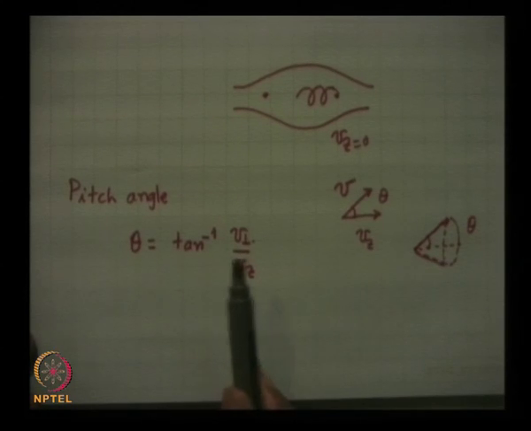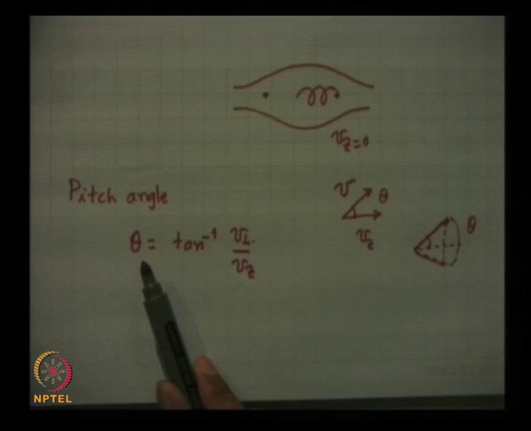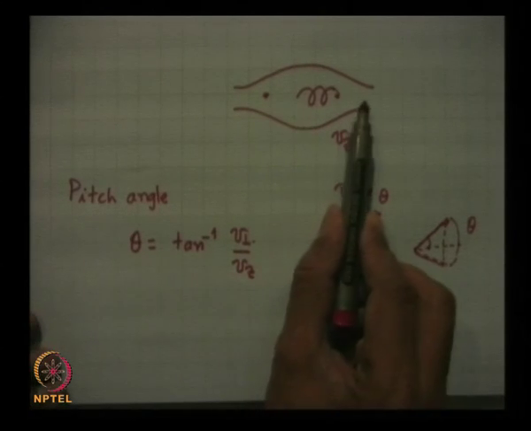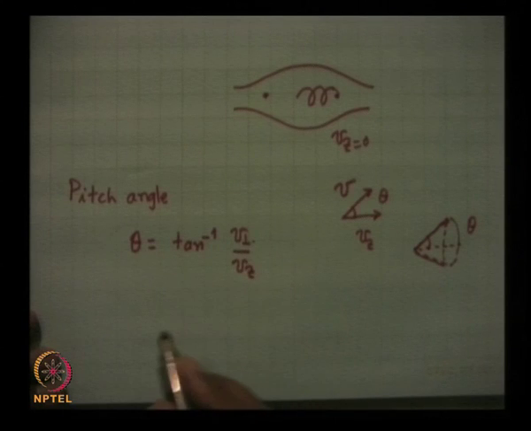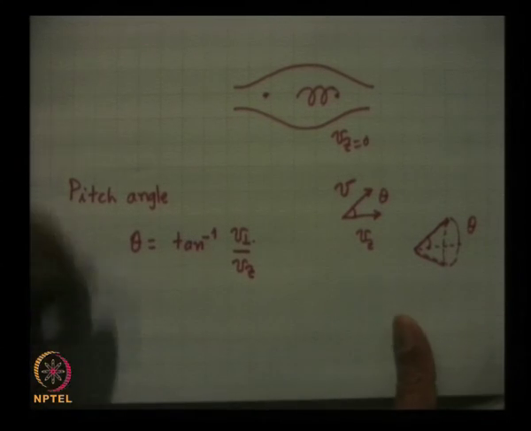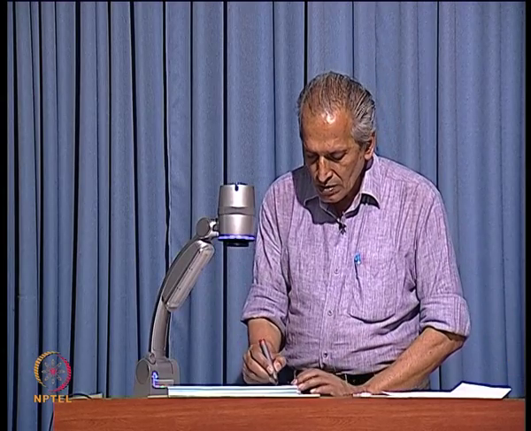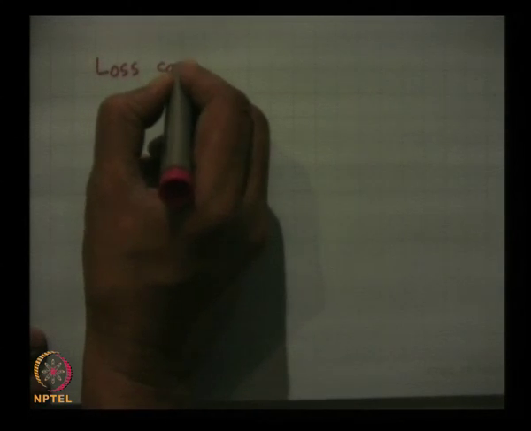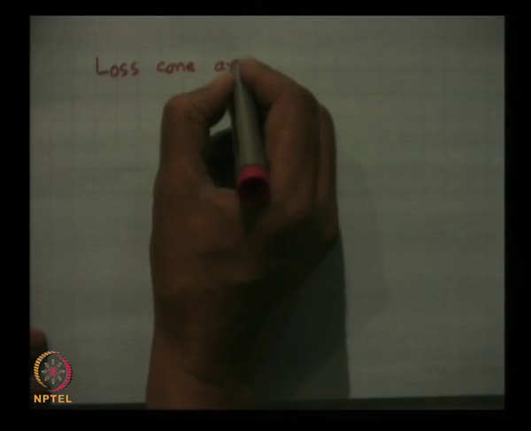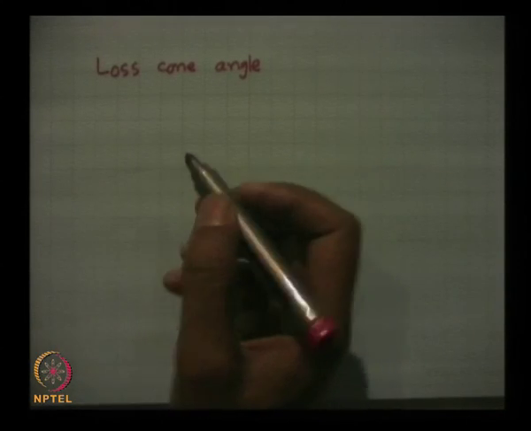So, what is that critical value of theta, called the loss cone angle, for which the reflection occurs where the field is maximum? Let me calculate this quantity, the loss cone angle.